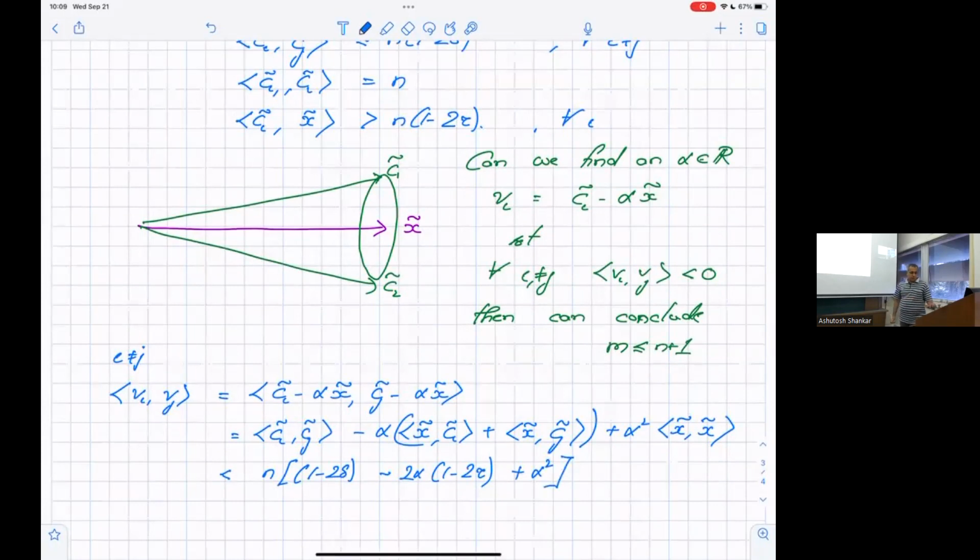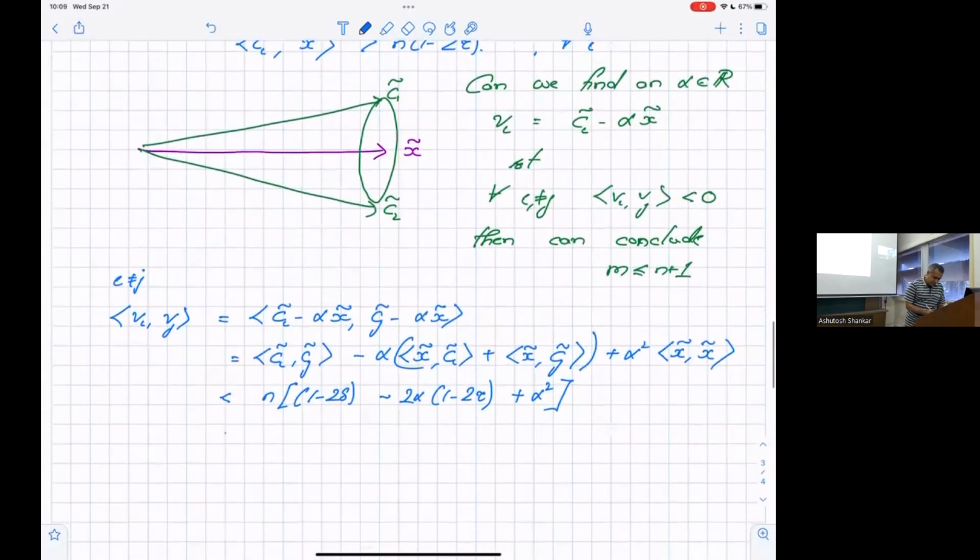Let's rewrite this: n into alpha minus 1 minus 2 tau the whole square, plus 1 minus 2 delta minus 1 minus 2 tau whole square.